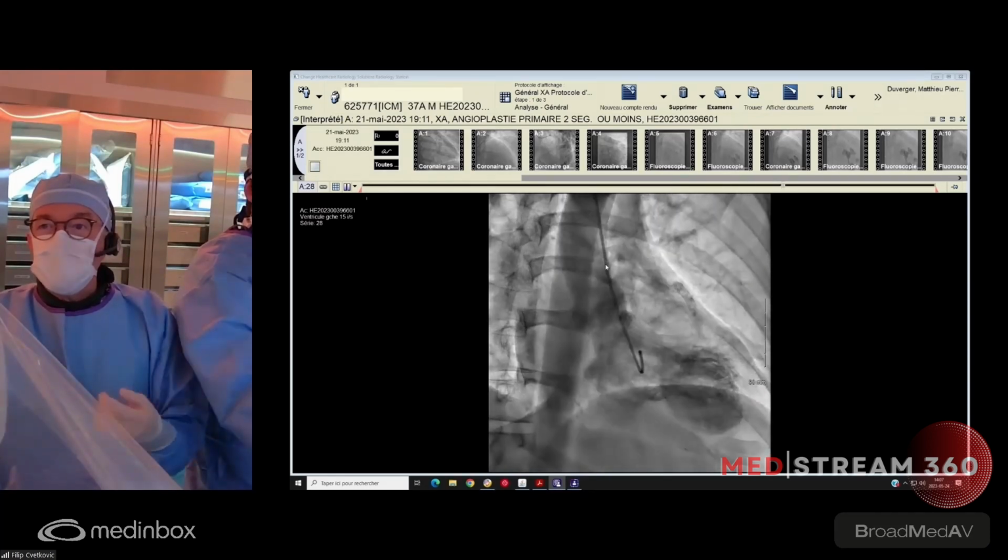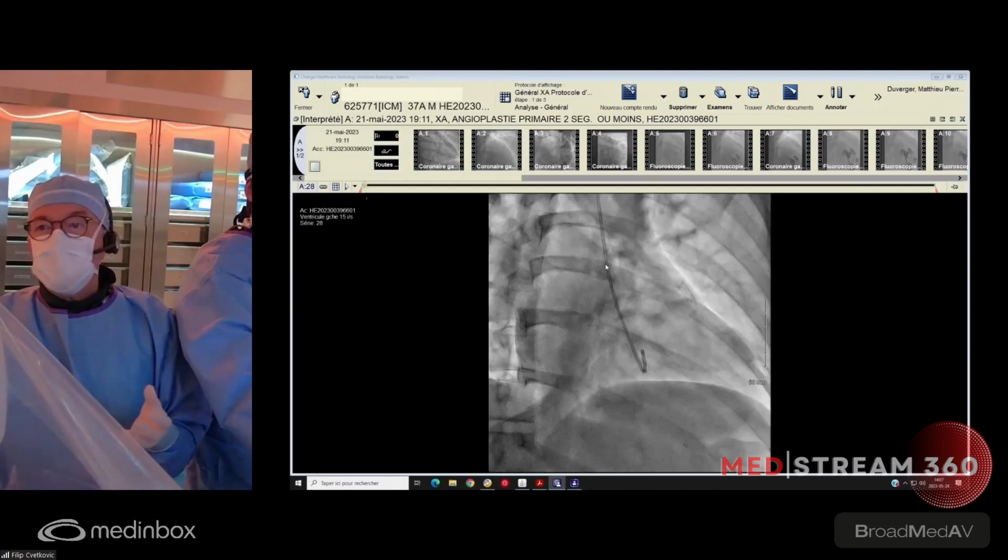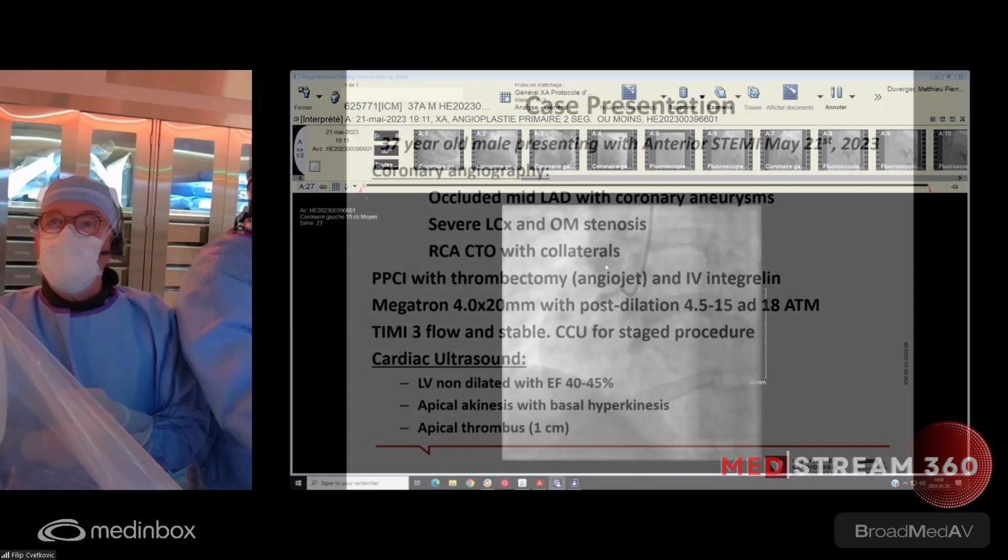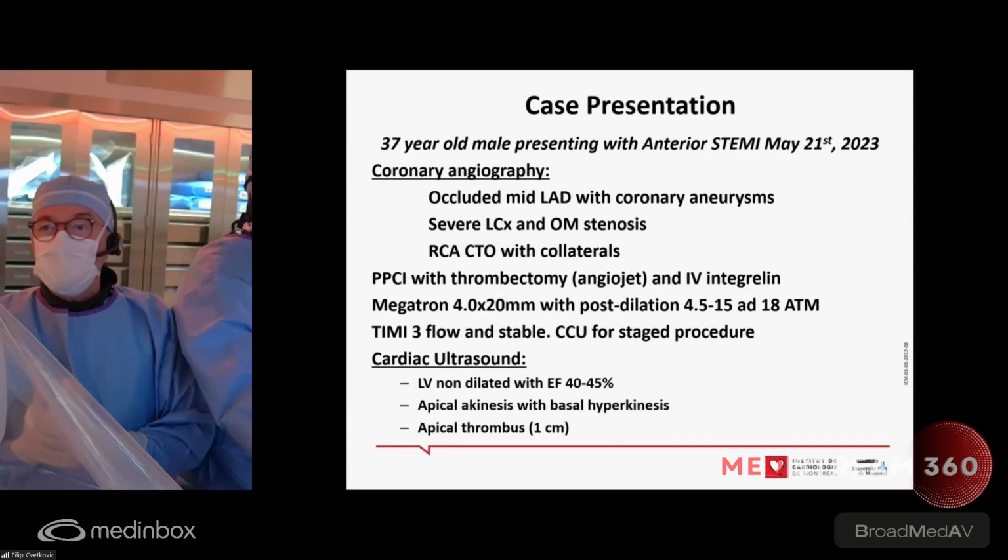Let's go back to our slide, please. I think you can appreciate the multivessel disease with aneurysm formation, with occlusion, potential Kawasaki disorder. I would summarize: the occlusion of the LAD with aneurysm, severe left circumflex with OM stenosis, then a CTO that was collateralized from the left.